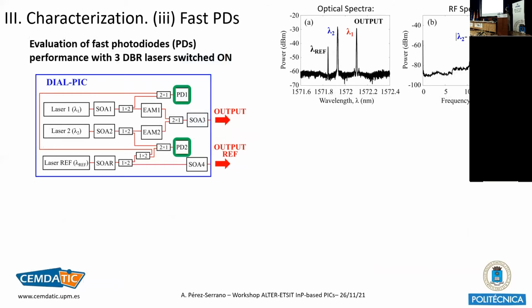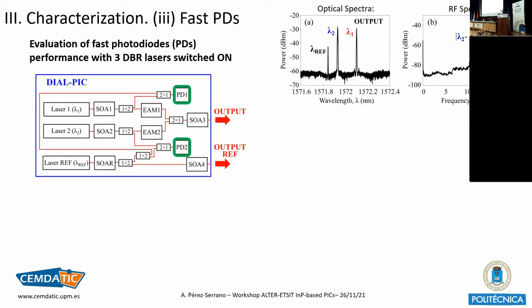Okay, we also have evaluated the response of the fast photodiodes. Here, what I'm showing you is the optical spectra recorded with the Brilliant optical spectrum analyzer, and here is the one recorded with the electrical spectrum analyzer. Here we have the three lasers switched on: laser 1, laser 2, and this reference.